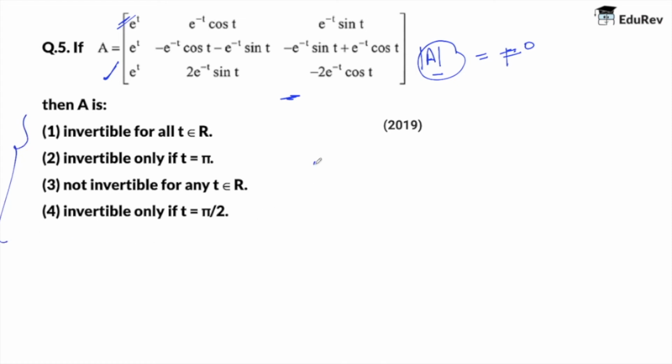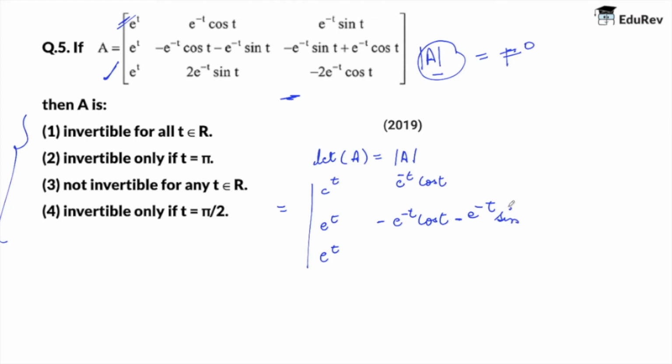So now we know that the determinant of A will be mod A. So I need to write: e to the power t, e to the power t, e to the power t, cos t, minus e to the power minus t cos t, e to the power minus t sin t, and 2e to the power minus t sin t.